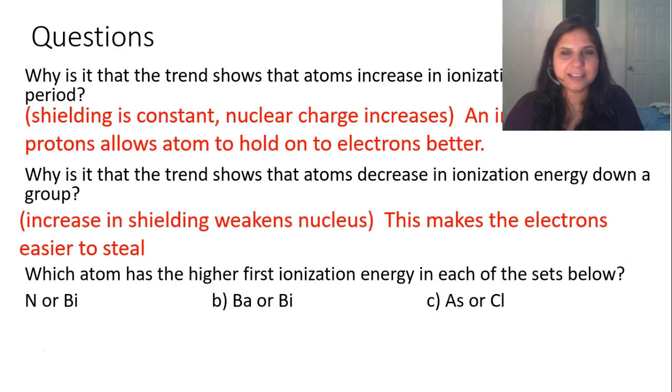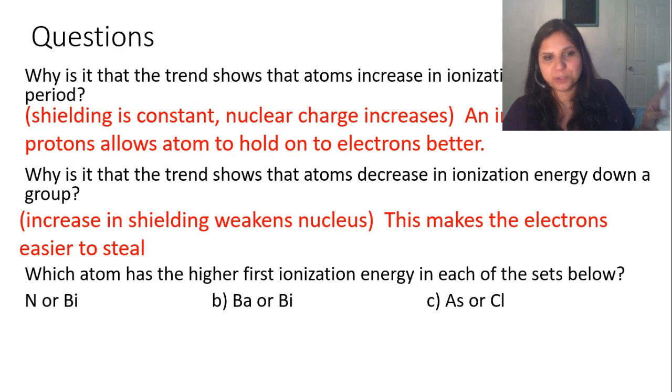In our last question here, we're going to discuss which of these atoms has a higher first ionization energy. The one with a higher first ionization energy will be the stronger one because it'll hold on to that electron better. So we're looking at nitrogen and bismuth. We have to use a periodic table to figure out which one has a higher first ionization energy.